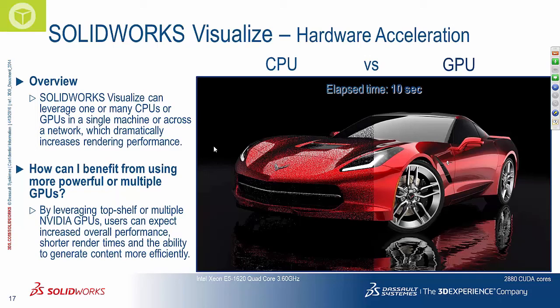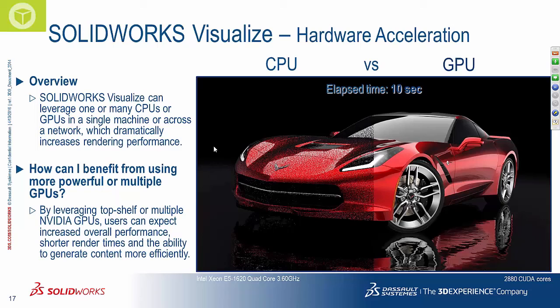Now, the hybrid mode utilizes both the CPU and the GPU, and let's talk about that just for a second because I think a lot of us are going to fit in that bucket. We have a decent workstation graphics card that runs SOLIDWORKS, and we're going to jump into Visualize. So, what does hybrid do for me? If you're running strictly GPU mode, it's going to utilize all the functionality of your graphics card, including its RAM.